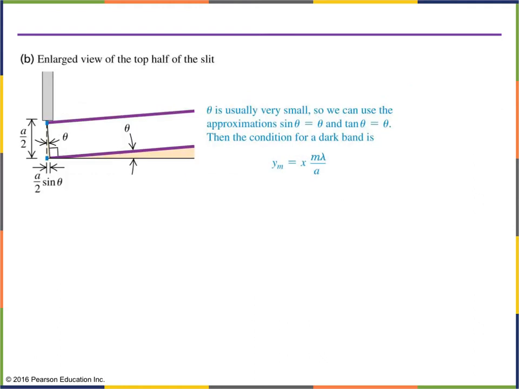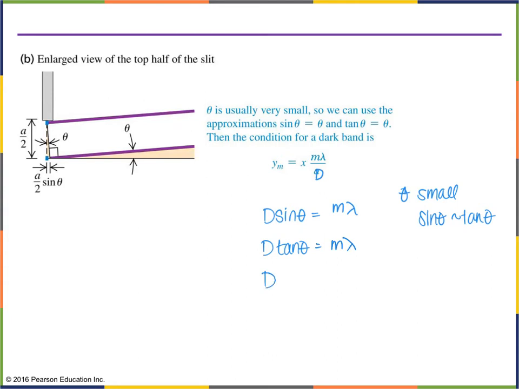We can also then, if we say that D sine theta is equal to m lambda for a dark slit, but we change this to the tangent of theta, because for small theta, the sine of theta and the tangent of theta are basically the same.